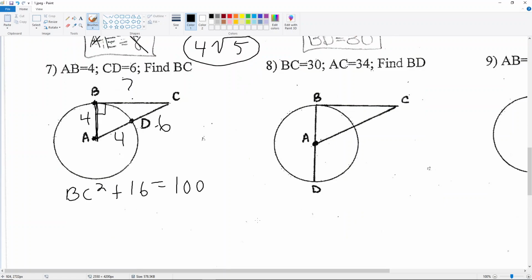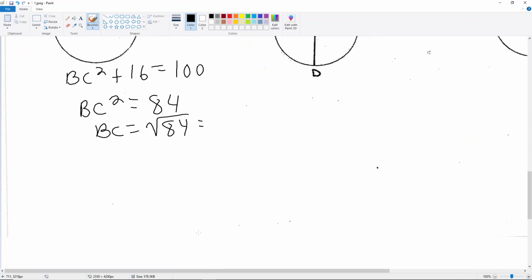BC squared equals 100 minus 16, which is 84. BC equals the square root of 84. Let's find perfect square factors: 84 divided by 2 is 42, then 2 and 21, and 3 times 7. So the 2's come out, and I end up with 2 square root 21.